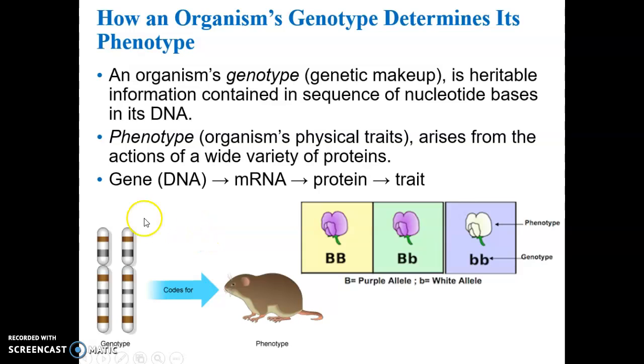So the overall idea is that the genetic information, the genes or alleles on the DNA, get converted into a secondary informational molecule, RNA, specifically messenger RNA, mRNA, that we'll talk about. And that gets converted into the physical protein or polypeptide. And the protein has some physical trait or characteristic, like white color or purple color.